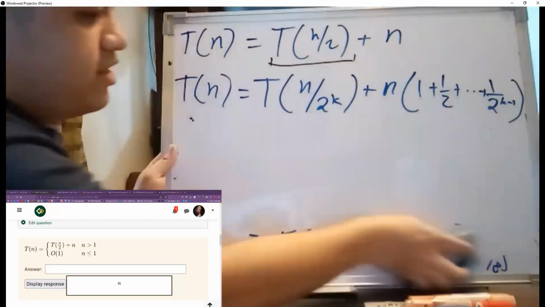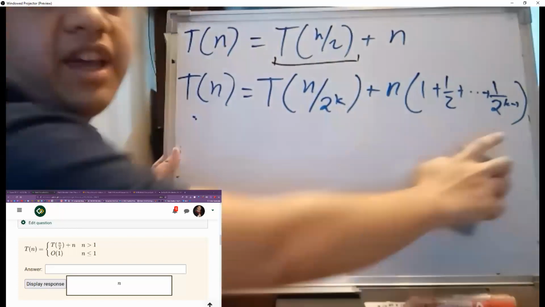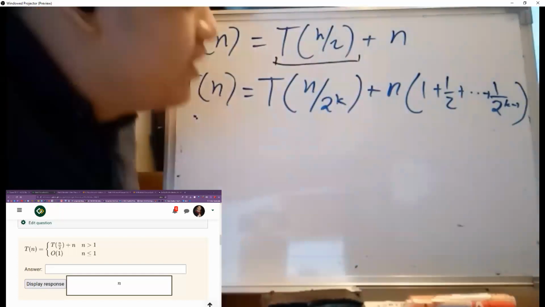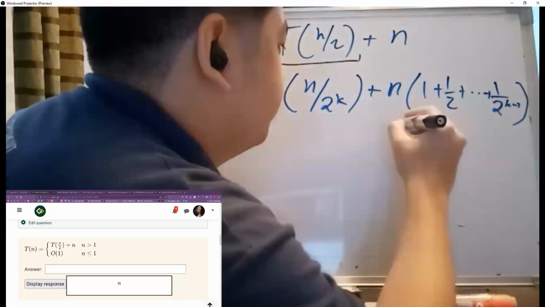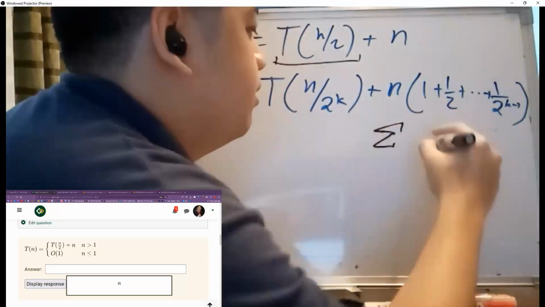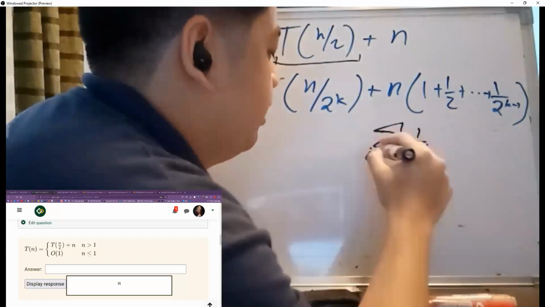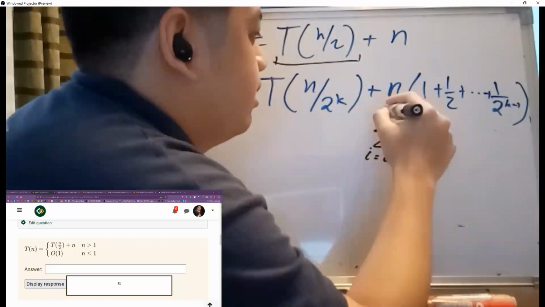Siguro before we do that, itong nandito sa right term is a geometric series. Tama? So this is a summation of 1 over 2 to the I, where I is equal to 0 hanggang k minus 1.